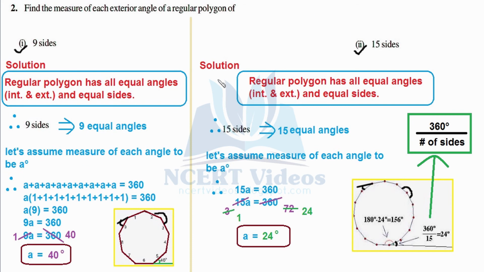Therefore, in competitive examination, if you try to solve your question using this long approach, that would be a slower approach. Rather than that, if you're asked to find measure of each angle of a regular polygon, you can straight away divide 360 degrees by the number of sides. Well, this is the formula in order to find exterior angle in case of regular polygon.